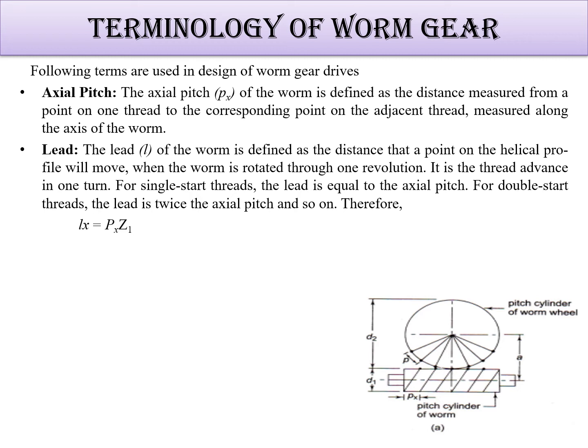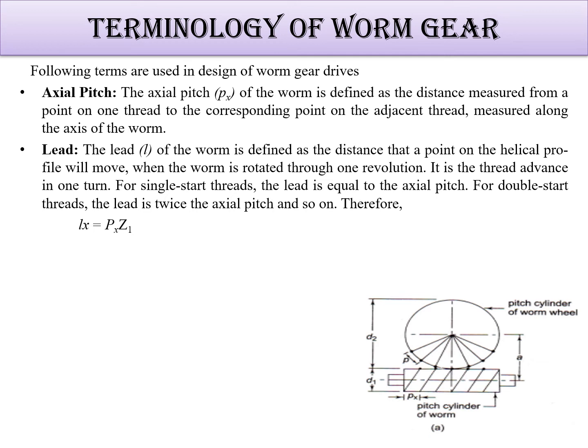When we rotate the worm through one revolution, the distance it travels, that is how much thread it advances, is the lead. So for single start it is equal to the axial pitch, for double start it is twice, for triple start it is thrice, like this.